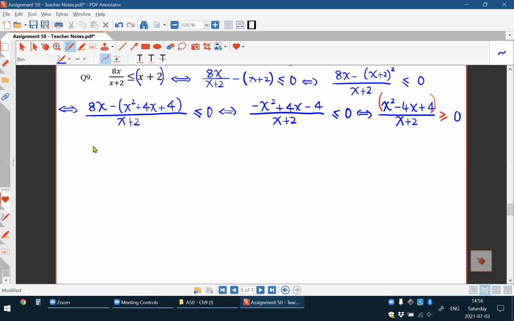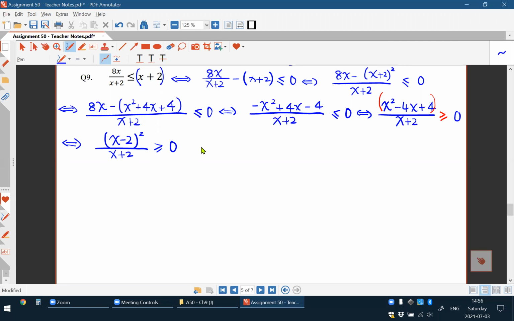We can use a formula to factor this to (x minus 2) squared divided by x plus 2 greater than or equal to 0, right? Understand? Can you follow me?